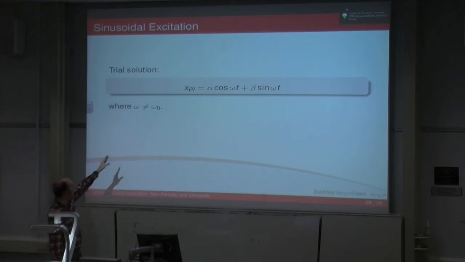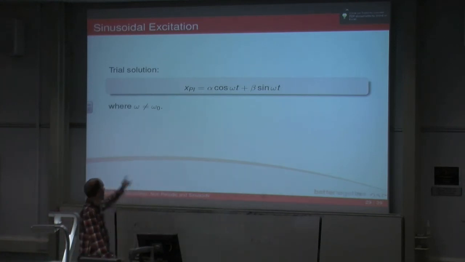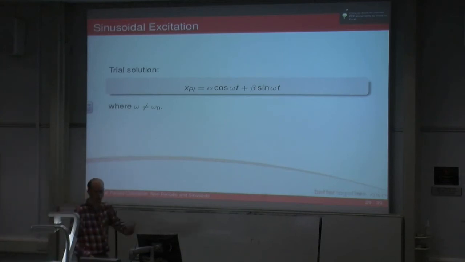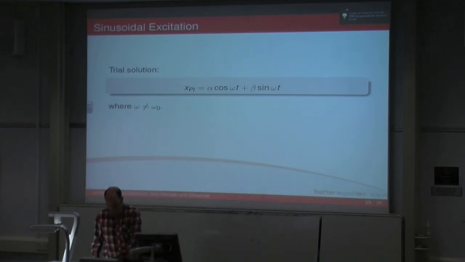And in this case, omega does not equal omega 0. In your notes, I've put in a section for when those two things are equal, because the solution that we're about to find doesn't apply when those two things are equal to each other. I've not put it on the slides. There's lots of maths involved, but it is in your notes if you want to refer to it.